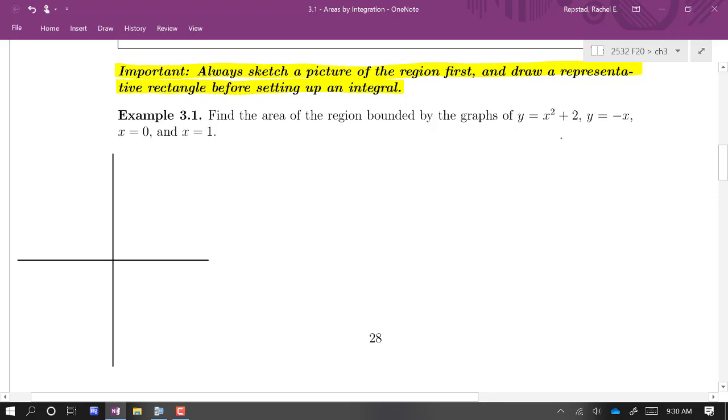The first function, y equals x squared plus 2, is just the regular x squared parabola pointing upward, but it starts 2 units up. So there's the vertex, and then it goes up. Let's see, I could sketch a couple of points here.